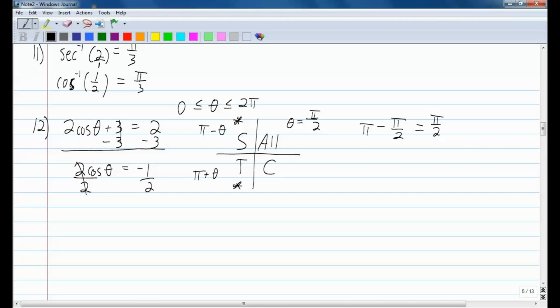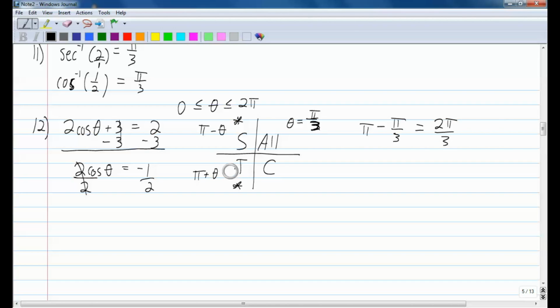Okay, is that right? It's pi over 3, isn't it? Not pi over 2. So what would that be? Pi minus pi over 3 is 1 pi minus 1/3 pi, which is 2 pi over 3.